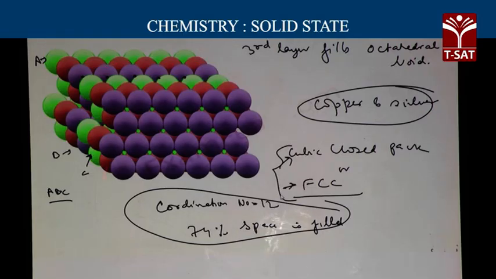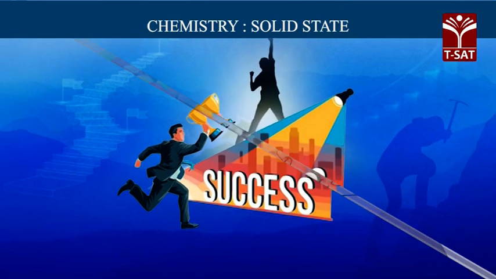Then ABC type of three-dimensional structure is formed. Here the coordination number will be 12, and copper and silver, very hard metals, will have this kind of crystal structure. Both HCP and CCP are having a coordination number of 12 and packing efficiency of 74%.